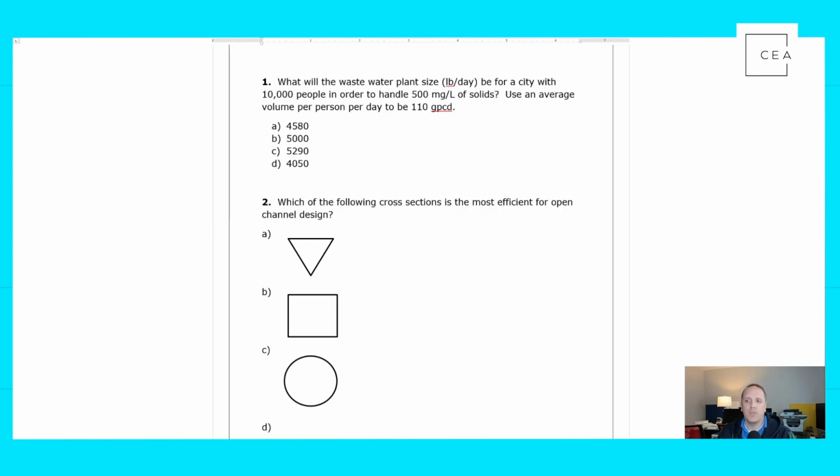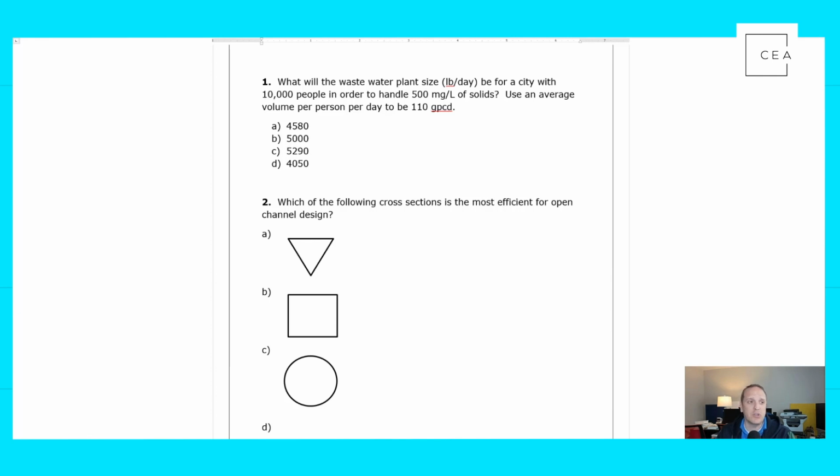Okay, so the question is, how are we going to solve this? We have to solve for what's called the feed rate. And in order to do that, we just need to get our units to work out. If we're sizing a wastewater plant and the units come out to be pounds per day, and we know we have 10,000 people, we multiply 10,000 people by 110 gallons per person per day, and multiply that by 500 milligrams per liter.